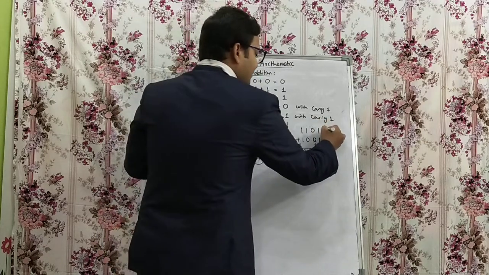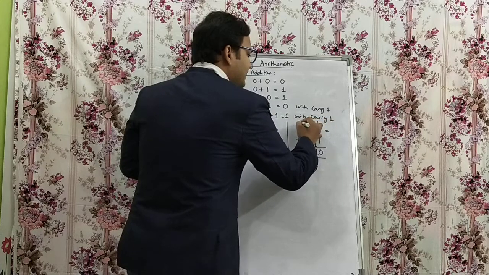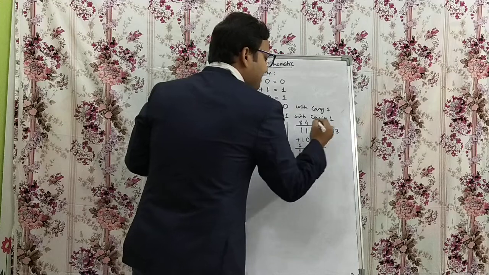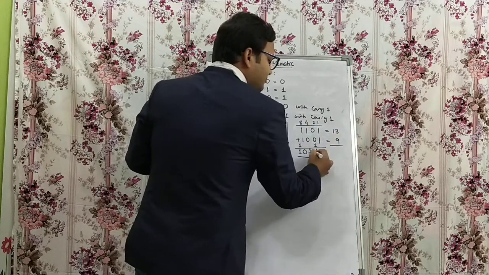Okay, now you can cross verify it. This is the weightage 1 2 4 8 represented in decimal form. This is 13 and this is 9. 13 plus 9 should be 22.